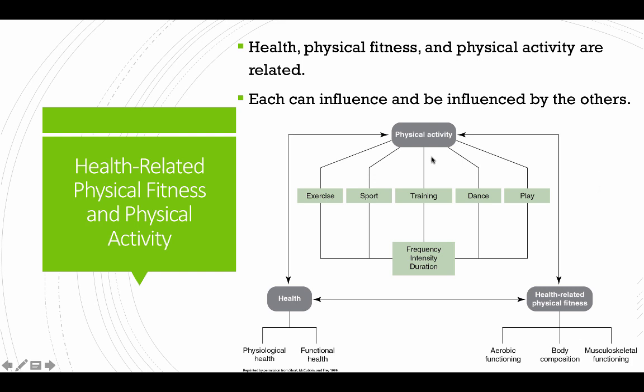And then we have physical activity, all of which comes together and impacts our ability to be well-rounded as far as healthy, fit, and active. So physical activity includes exercise, sport, training, dance, play, recreation, movement of any type in that FITT principle with frequency, intensity, duration, and type and time.